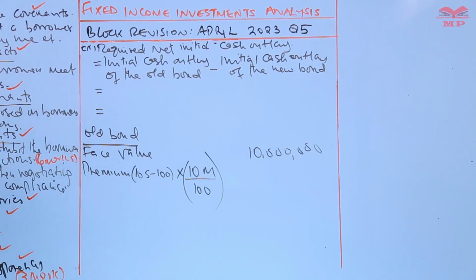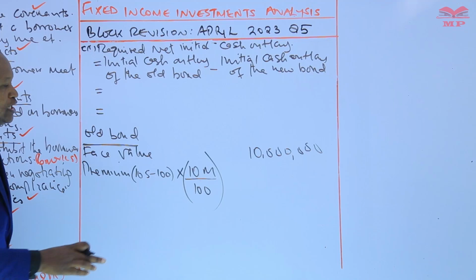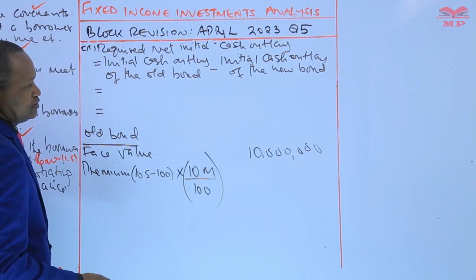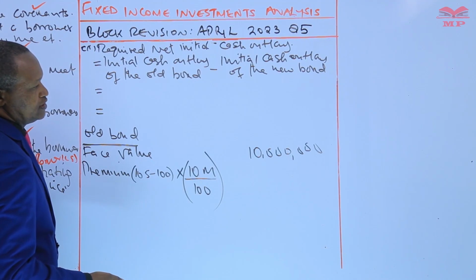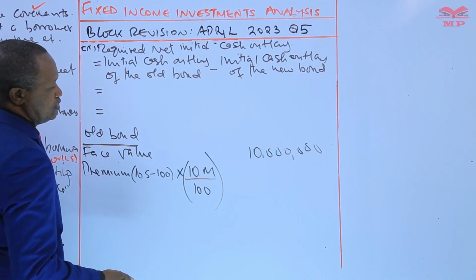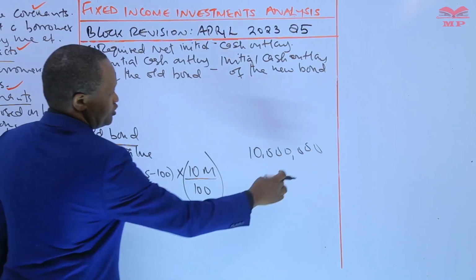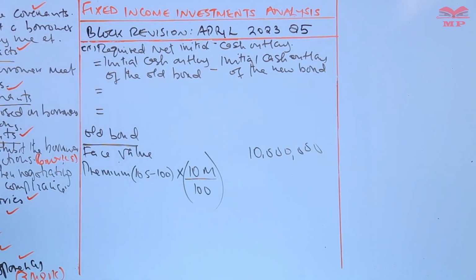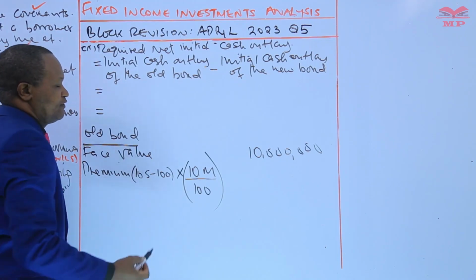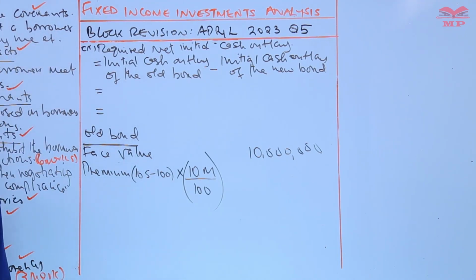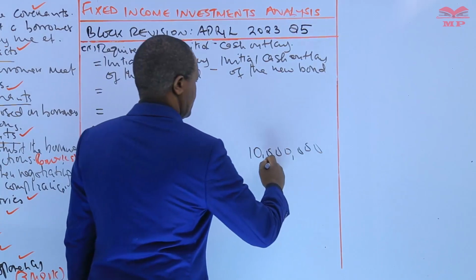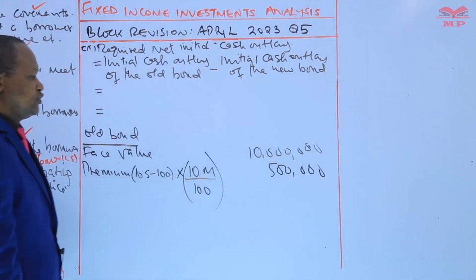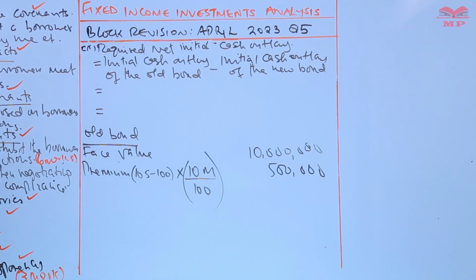So 10 million divided by 100 will be equal to 100,000 bonds. So 100,000 times 5 is equal to 500,000. That is the premium.